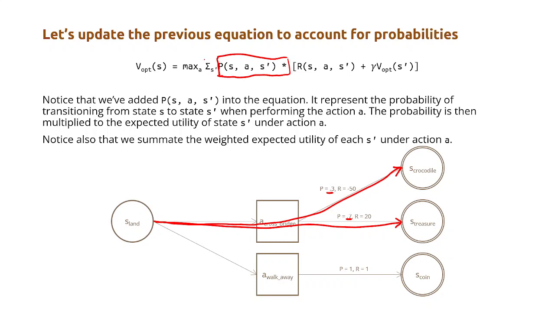This is why I have summation in the function. Just add those two values under one action. After adding those values, the resulting, summated value will be the value of S land when performing that action, cross bridge.